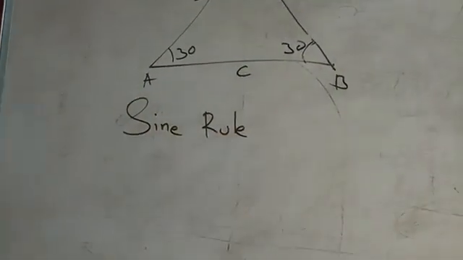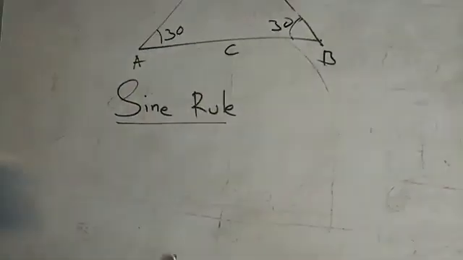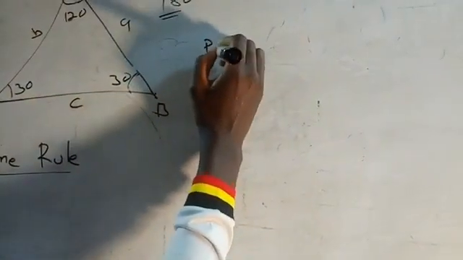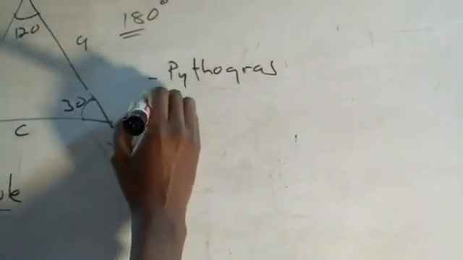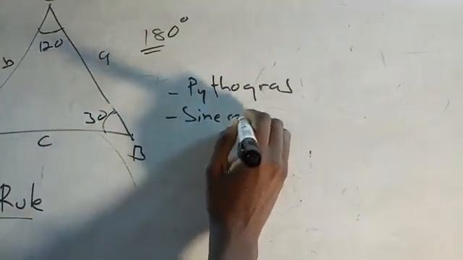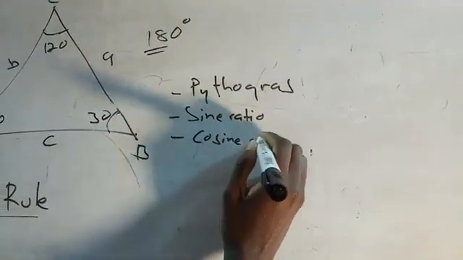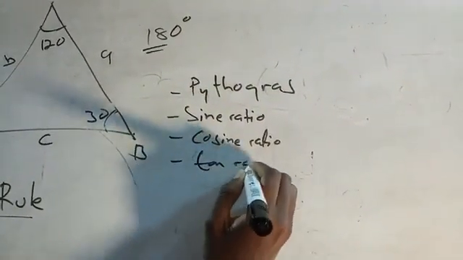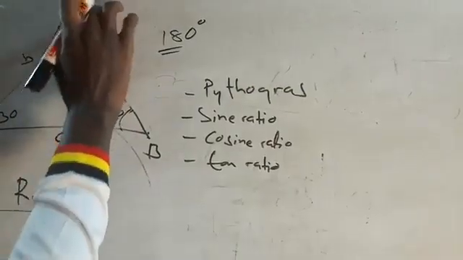So in a non-right angled triangle, the sine ratio, cosine ratio, and also tan ratio won't work in a non-right angle.